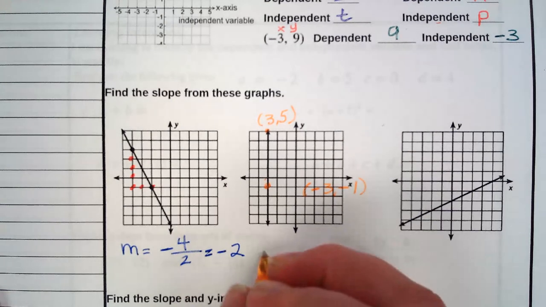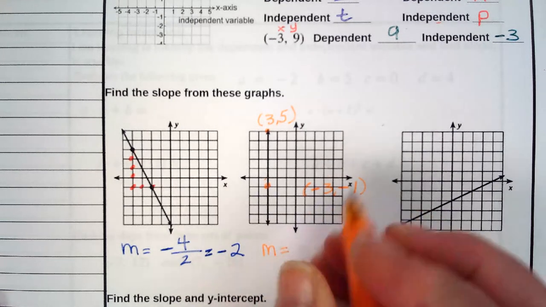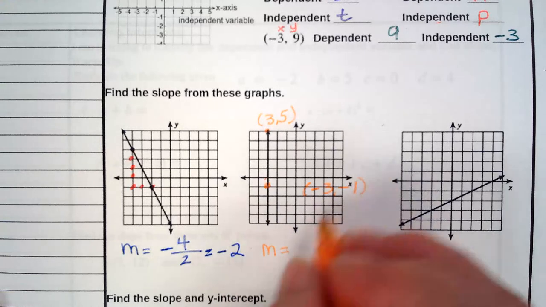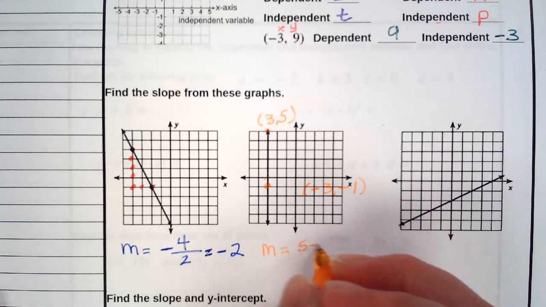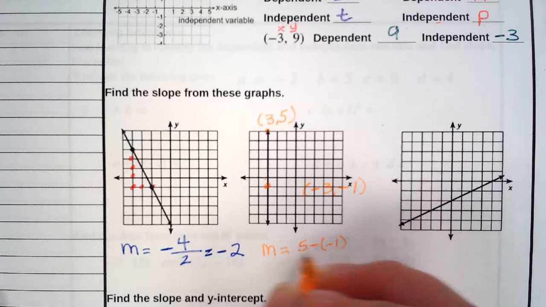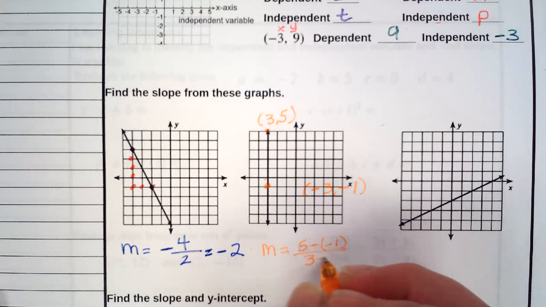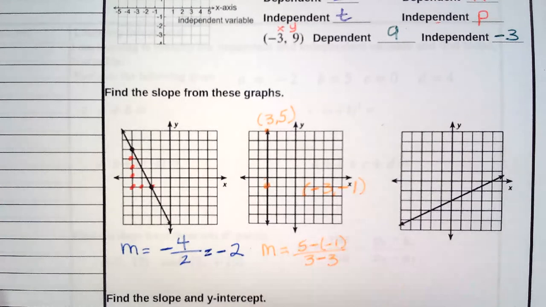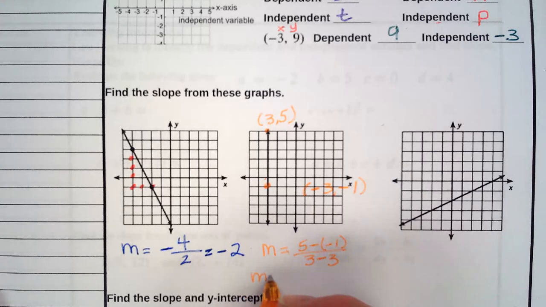For my slope, it's going to be 5 minus negative 1 over 3 minus 3. So 5 minus negative 1 is 5 plus 1, which is 6. 3 minus 3 is 0.